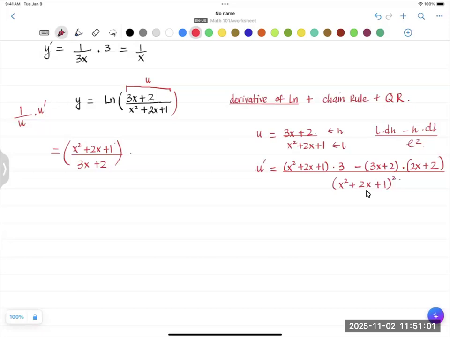And now we're going to simplify this. We have 3x squared plus 6x plus 3, right? You distribute that. And then minus this one, if you distribute, you're going to have negative 6x squared minus 6x minus 4x minus 4.